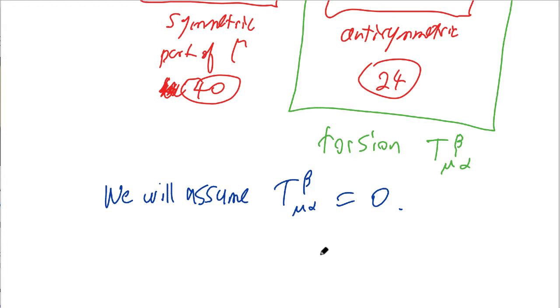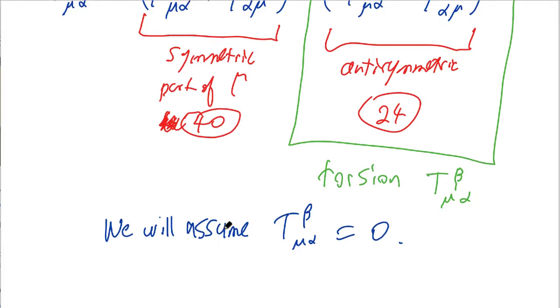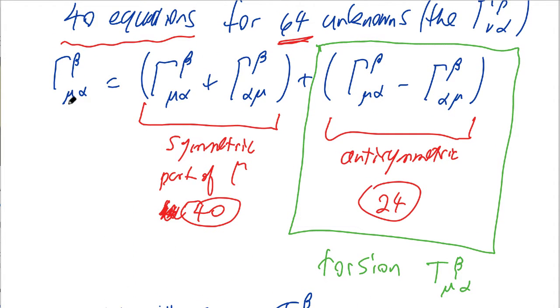But ultimately, keep in mind that what we're doing is building a theory, Einstein's general relativity, and whether the theory is right or wrong is up to experiment to decide. And I think it's fair to say that at this point in history, we don't really have any compelling experimental evidence that the torsion is not 0. So we'll go ahead and assume that the torsion is 0, and what that means then is that the Christoffel symbols are symmetric in their lower indices.